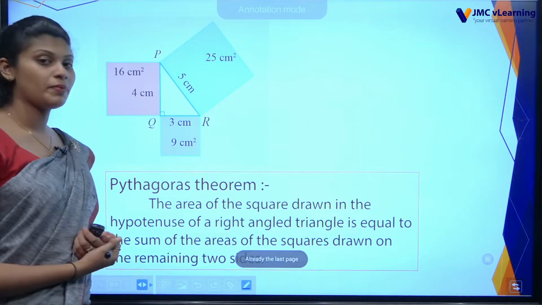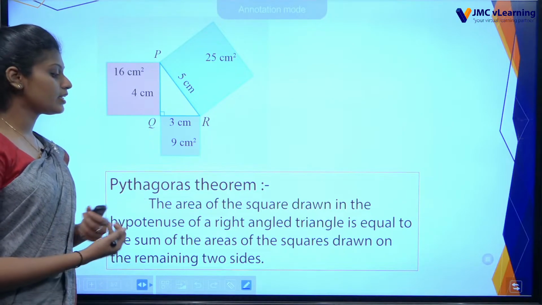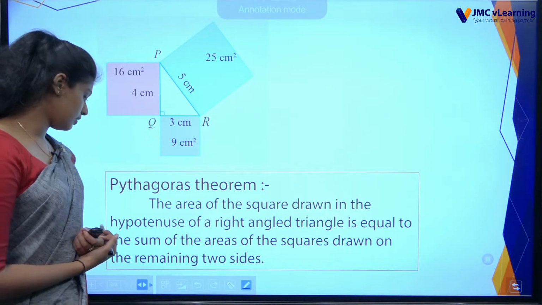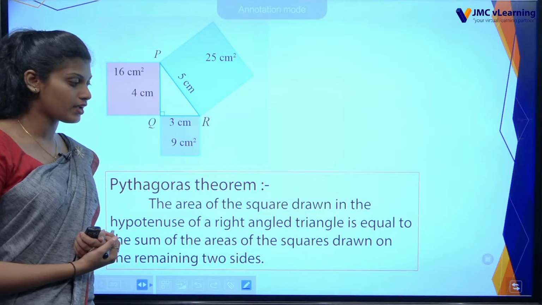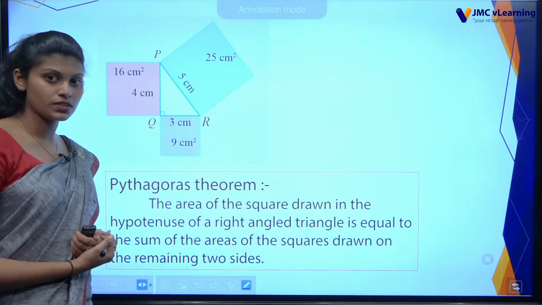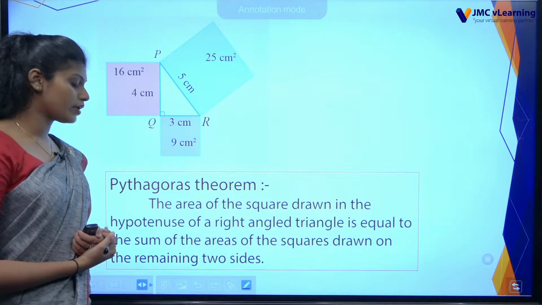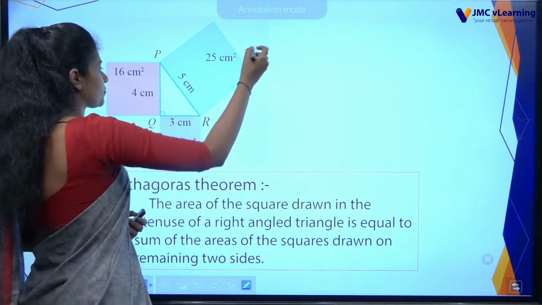Now let's learn the Pythagoras theorem. So what is the Pythagoras theorem? The area of the square drawn on the hypotenuse of a right angle triangle is equal to the sum of the areas of the squares drawn on the remaining two sides. So how can we write it?